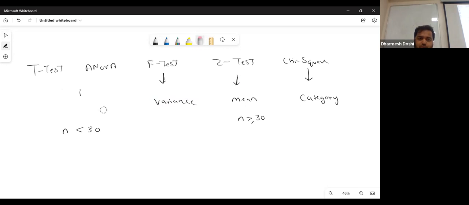I'll break and just give you 1 second. Number of columns less than or equal to 2. ANOVA, same for mean, and less than 30.